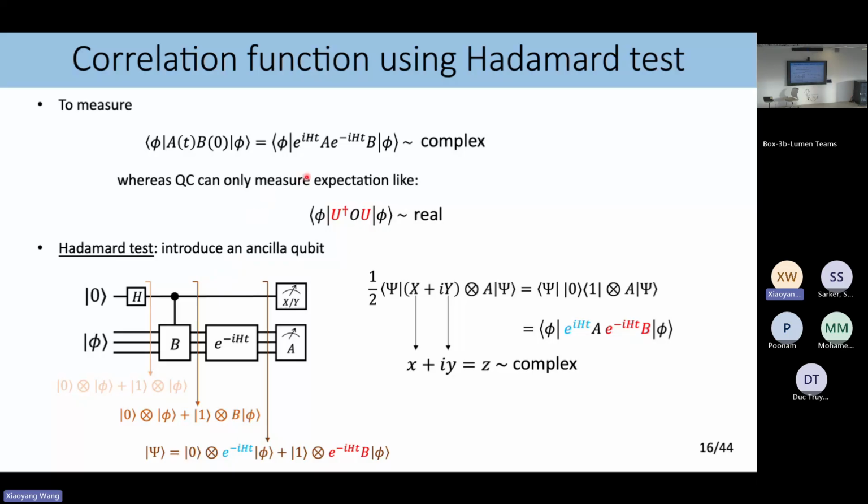measures the real and imaginary parts separately by introducing an ancilla qubit, which means we first prepare the ancilla qubit into a plus state, which is a 0 and a Hadamard gate, and then we perform a control operation to the system, and then evolve it, and then measure the expectation of X tensor A and Y tensor A. This X tensor A gives rise to the real part of the two-time correlation function, and Y tensor A gives rise to the imaginary part, and their summation is exactly the two-time correlation function.